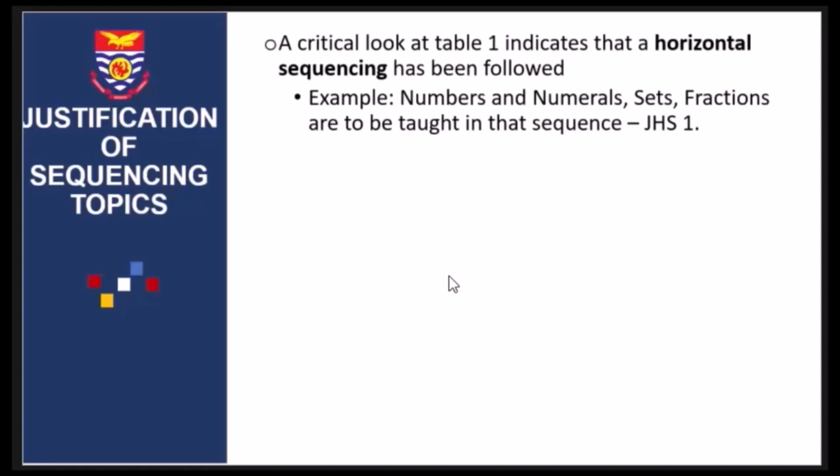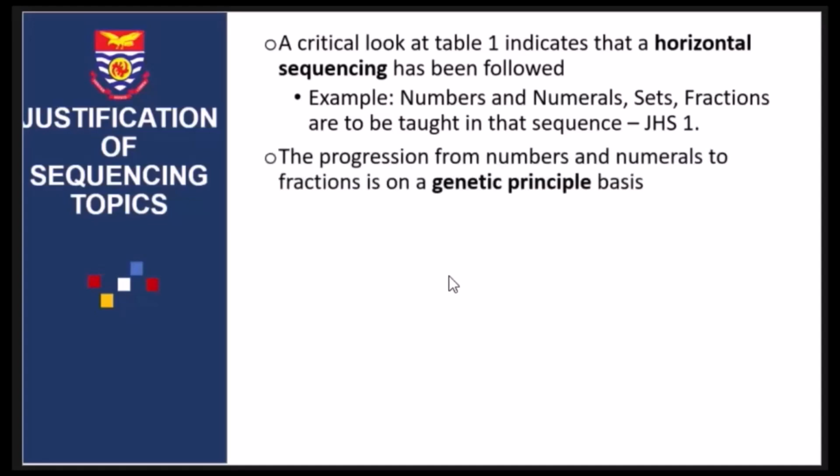So when we look at table 1, as I've shown you already, it indicates a horizontal sequencing, and we have already explained what we mean by horizontal sequencing. For example, look at numbers and numerals, sets, fractions, which are to be taught in that sequence in JHS 1. So horizontal, the same class, the same grade, then you sequence the subject matter, the topics in that order, considering familiarity and prerequisite knowledge.